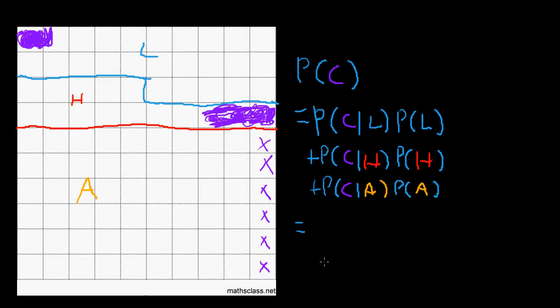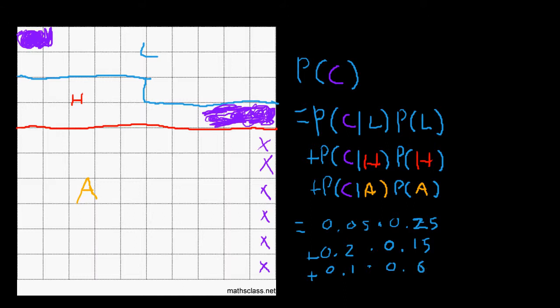So this is 0.05, 0.2 plus 0.1, and then we multiply by the probabilities of being in each group, 0.25 times, let's see, high risk group is 0.15, and then 0.6.